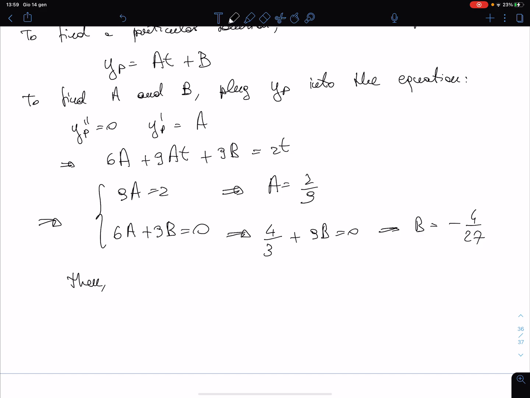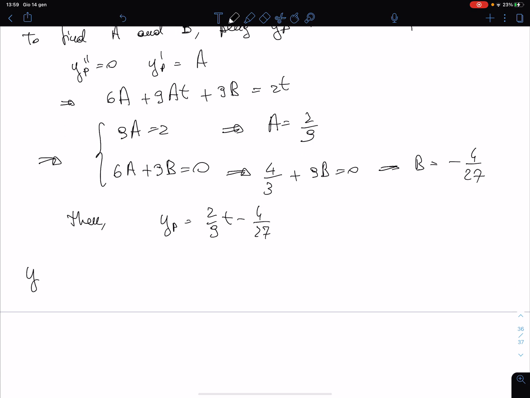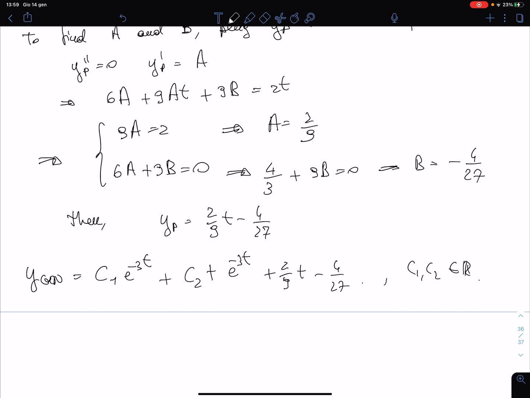Then a particular solution is yp = (2/9)t - 4/27, and ygen is c1 e to the power minus 3t plus c2 t e to the power minus 3t plus (2/9)t - 4/27. If you want to verify, I'm not completely sure of the computation, but of course C1 and C2 are arbitrary real numbers.